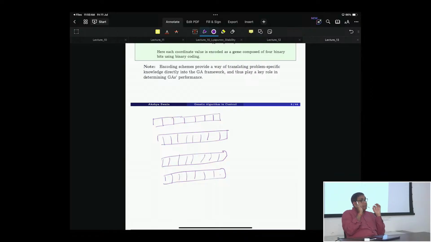Then, suppose this is 8-bit. Each chromosome is 8-bit. It has no meaning for you. 8-bit doesn't have any meaning by itself. That 8-bit binary string can represent any number depending on how you interpret it.